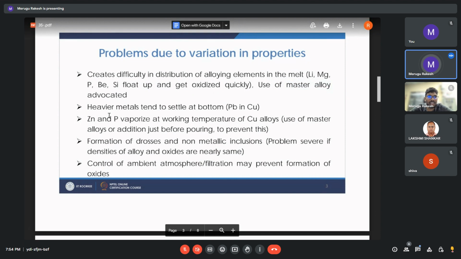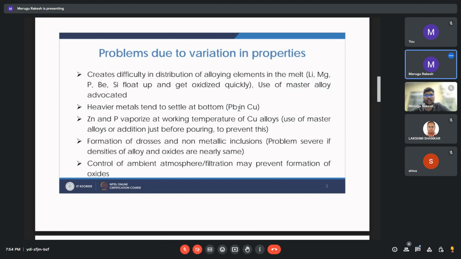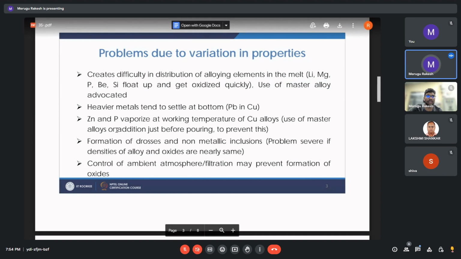An example of variation in density is copper and lead. Copper is around 8,000 kg per meter cube, whereas lead is around 1200, below 2,000 kg per meter cube, so there is a very good difference between the densities. In terms of vaporization, zinc and phosphorus evaporate at the working temperature of copper alloys.